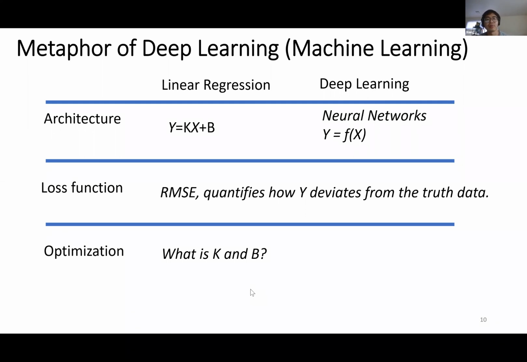In deep learning, there are usually three basic forms to form a fundamental knowledge of it: the architecture, loss function, and optimization. So these three perspectives could also break down linear regression in this way. The linear regression maps the input, like the x, to a y, and they are linearly transformed.